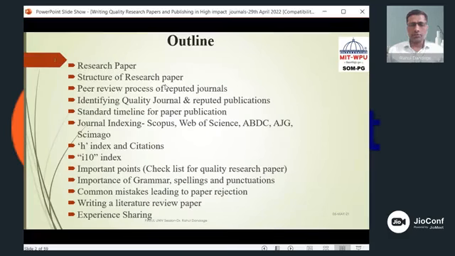Then some guidelines related to writing a literature review paper, and some experience sharing with respect to the review process, and how to respond to the review results we have received, how to address each and every issue raised by the reviewer. That will be a part of our experience sharing.